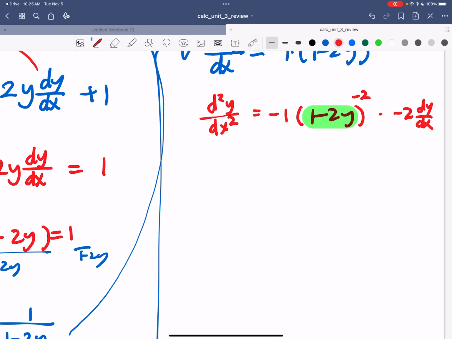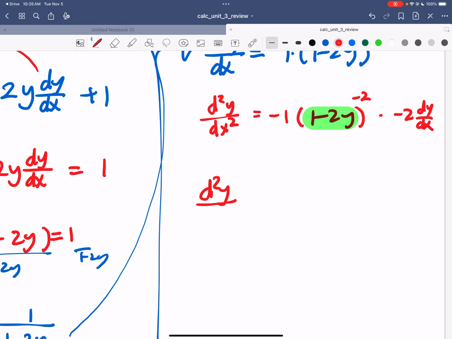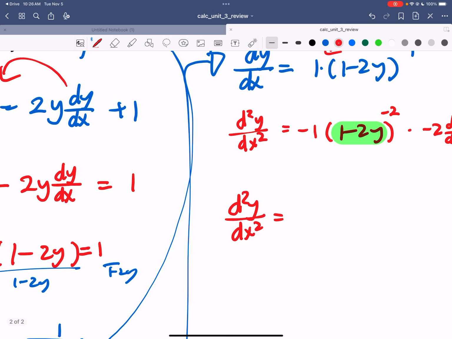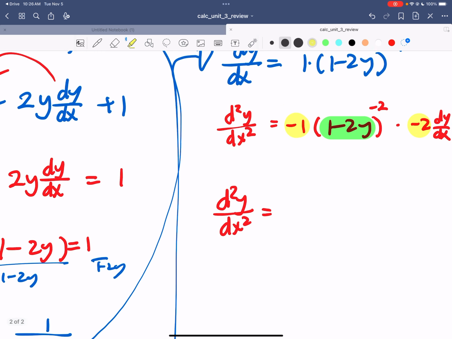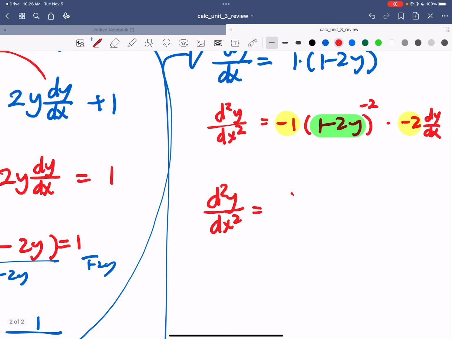So when you simplify it, which you don't necessarily have to do, you will have negative 1 times negative 2 will become positive 2. So positive 2 dy/dx over this one, (1 minus 2y) squared in the bottom.